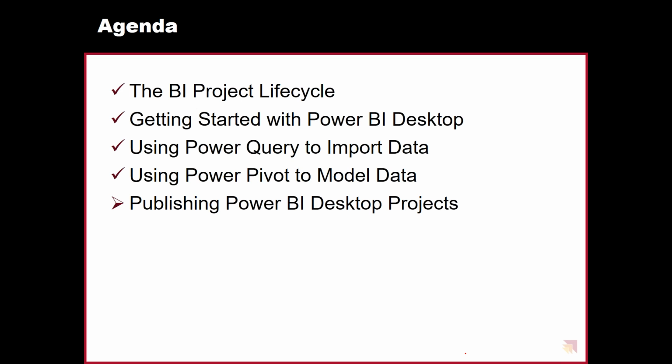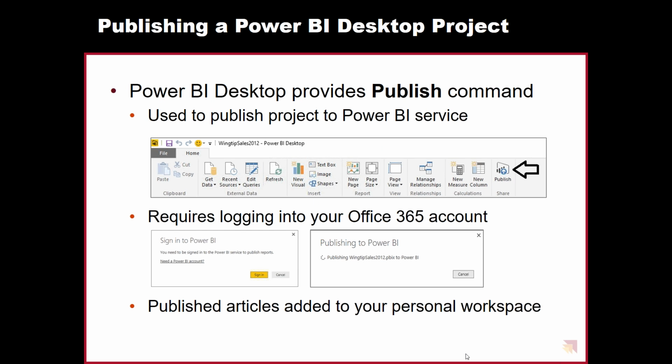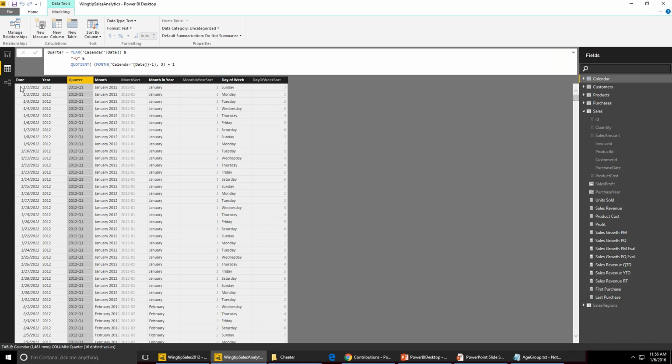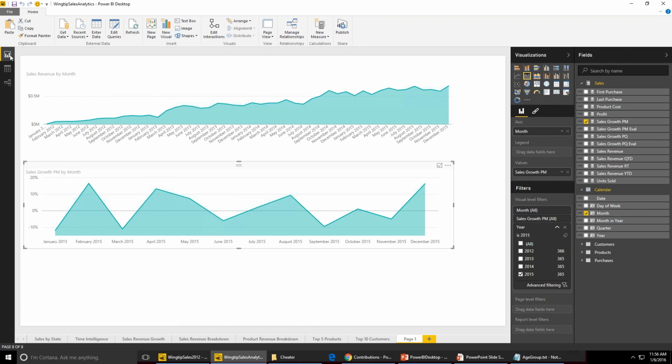One more thing we're going to do before we end today, and that's to talk about the publishing process. So when it's time for me to publish what I've been doing, let's say after I've done all my work and I'm happy with my reports, first of all save your PBIX file, save your project.